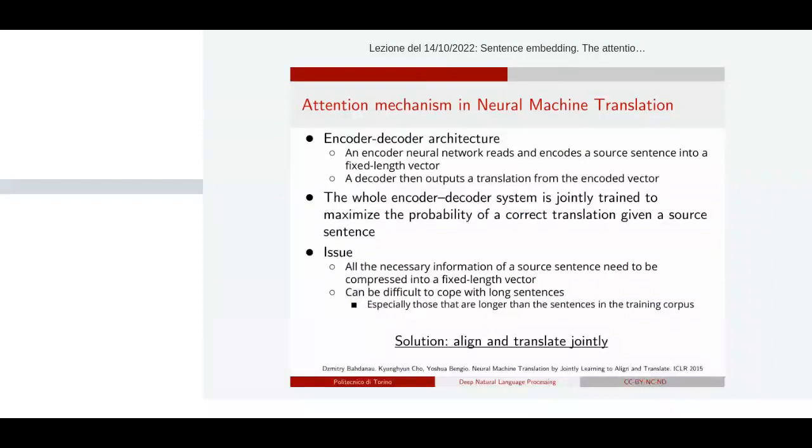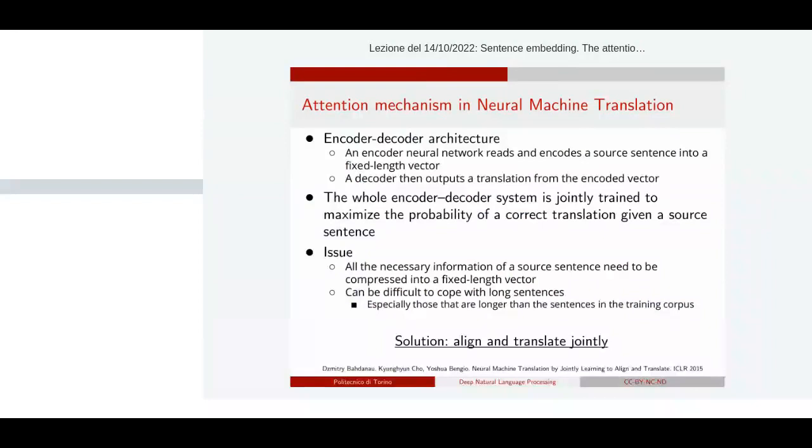Both the encoder and decoder are jointly trained to maximize the probability of a correct translation. But of course, we have some problems while coping with real pieces of text. First of all, the necessary information of a source sentence needs to be compressed in a fixed length vector.